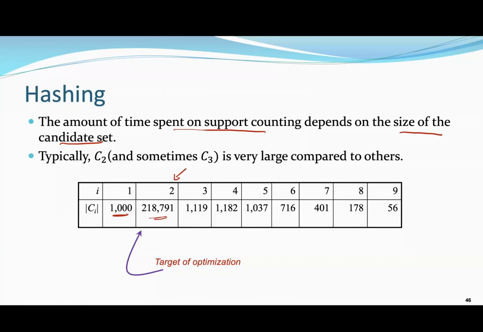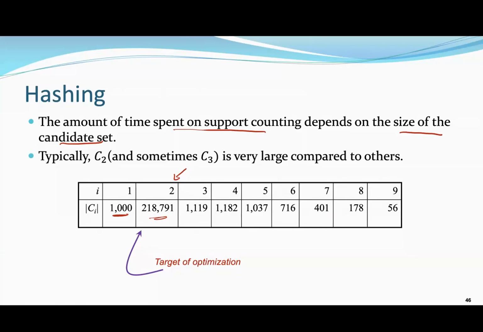Compared to the other iterations, for example, in the third iteration, we have about 1,000 candidate item sets to be counted. In the fourth iteration, it's also about 1,000, and then the numbers become smaller and smaller. But if you look at all these numbers, you notice that the second iteration is very expensive because there are so many item sets in the candidate set that we need to do the counting and support testing for.